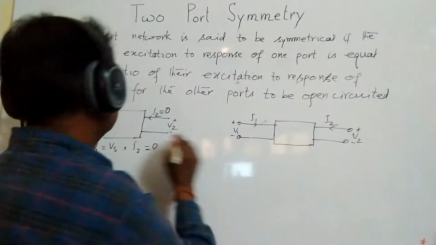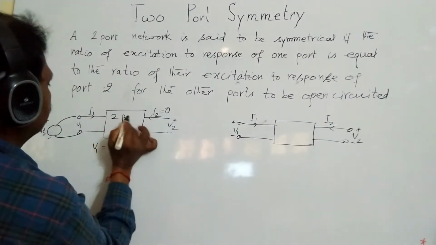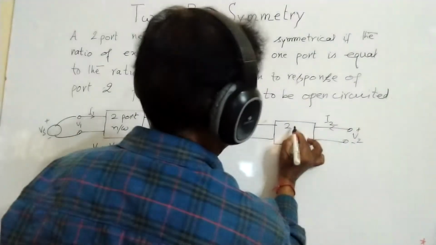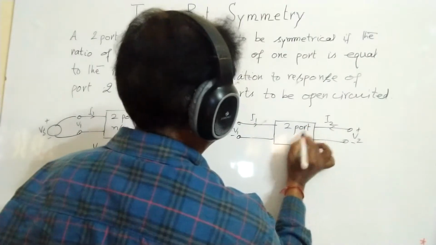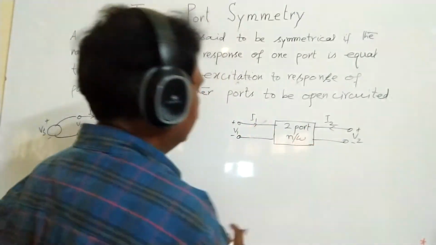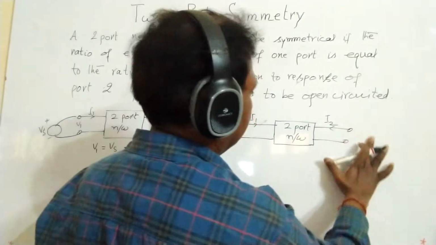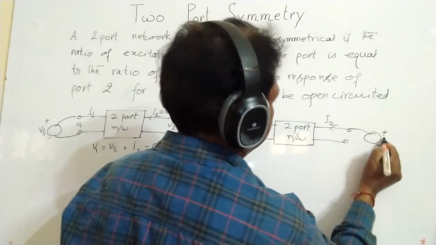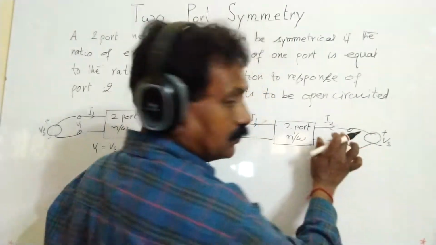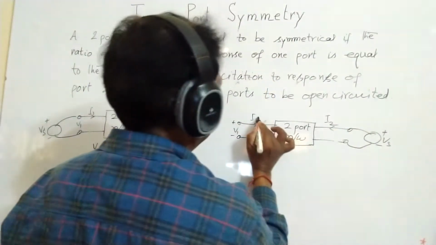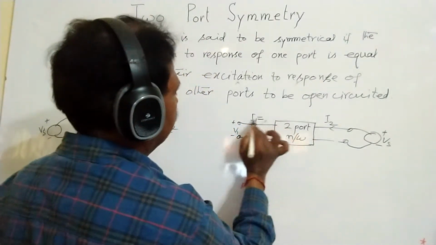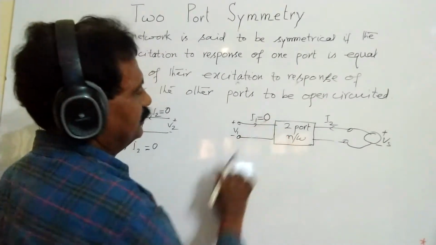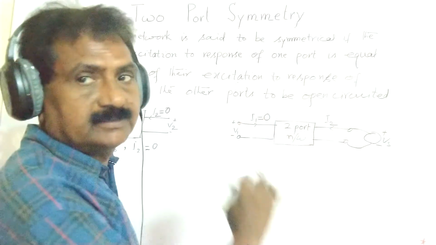In the other two-port network, we are connecting a voltage source Vs at the second port, and the other port is open circuited. It means current I1 is 0.